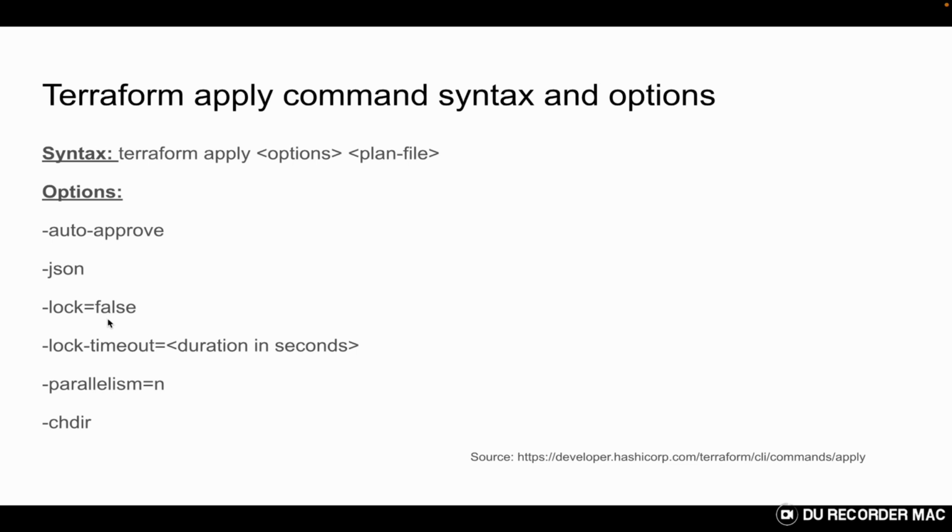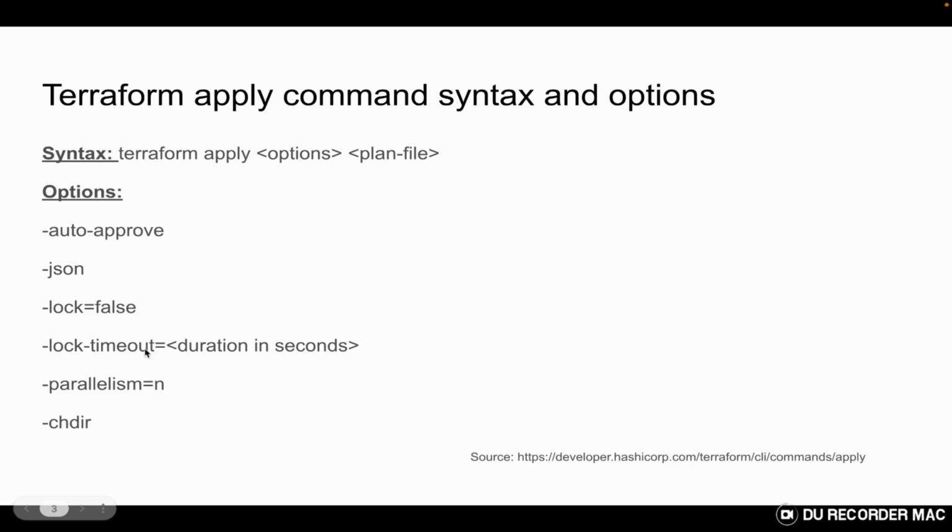That will have an adverse effect, because some other process might be changing the same state file, might be accessing it. So changes might not be correct in that case.